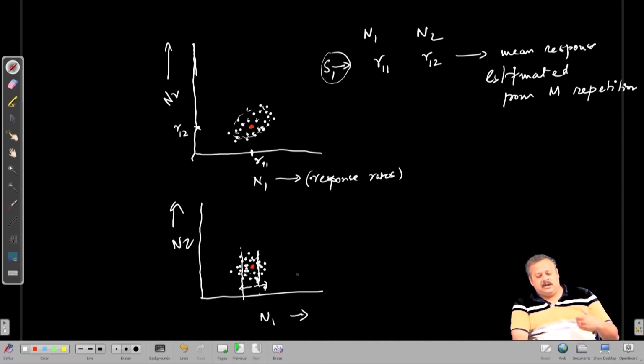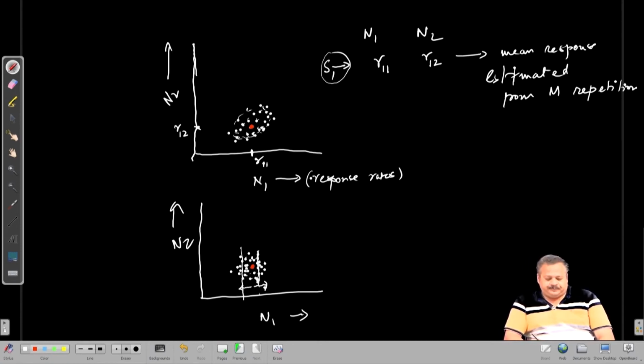That means the change or noise, if you will, in the response around the mean of neuron 1 is not related to the variation of the response in neuron 2 around its mean. So, if we look at the correlation coefficient of these pairs of responses of neuron 1 and neuron 2, in such a case the correlation would be near 0, or not statistically significantly different from 0.